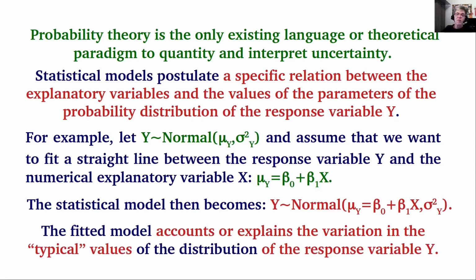So this fitted model accounts for, or explains, the variation of the typical values, the values of highest probability of being observed, those around the mean, of the response variable y.